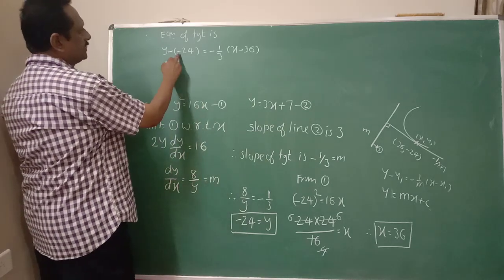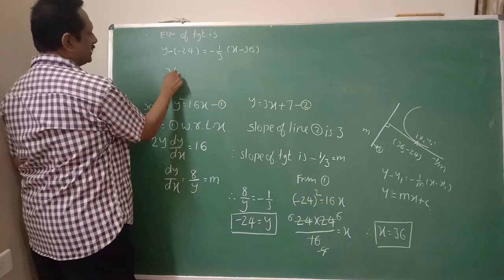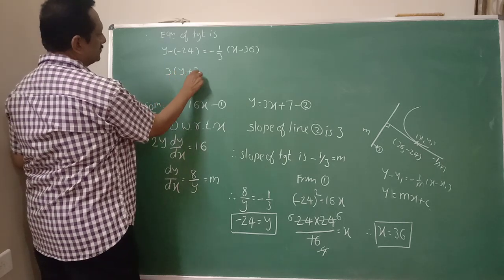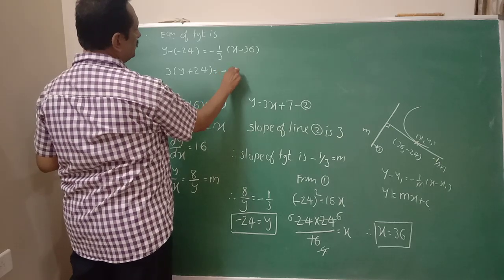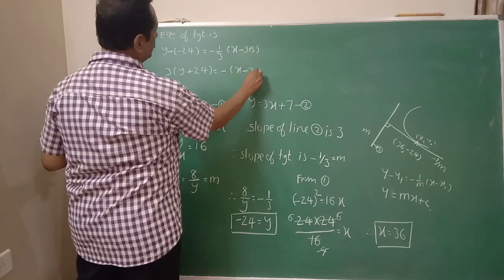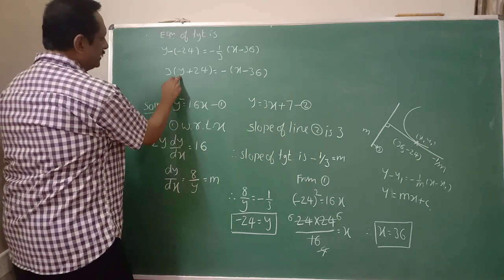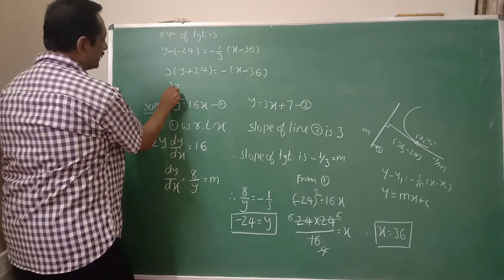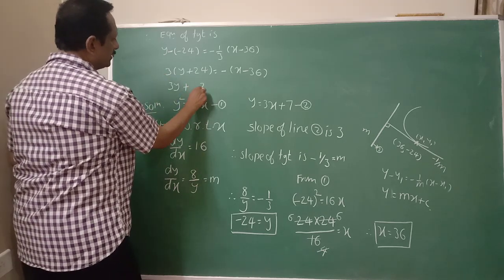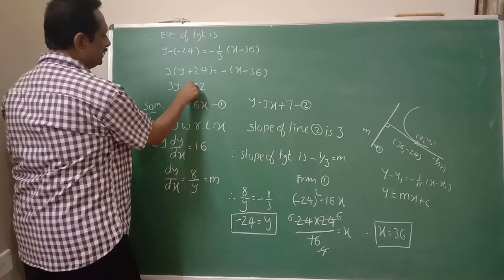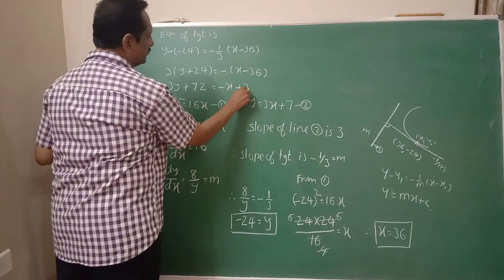Minus into minus becomes a plus, and take the 3 to this side. 3 into bracket y plus 24 is equal to minus x plus 36. Taking 3 inside the bracket, 3y plus 72 is equal to minus x plus 36.